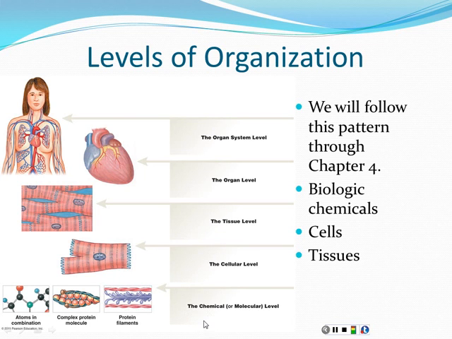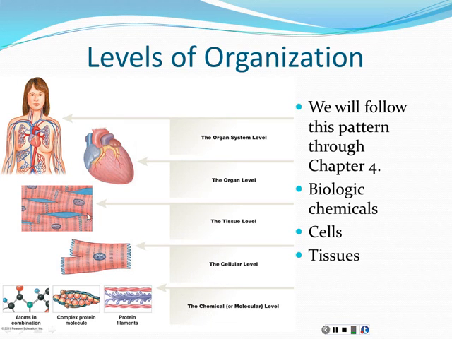Chemicals, we'll see, form together to make cells. Cells are relatively complex things. They have organs, which we call organelles. They have a variety of different functions, some of which we'll see here in a minute. So we'll spend a whole chapter talking about cells. Cells come together and join together to make tissues.